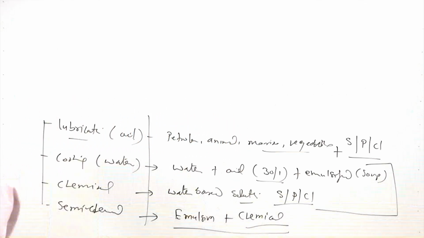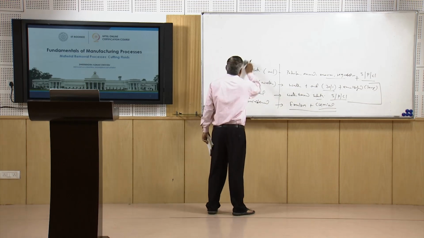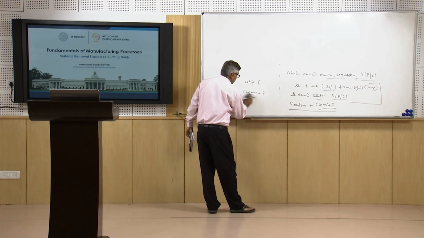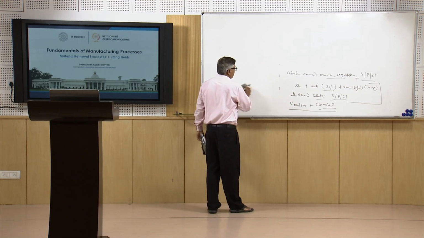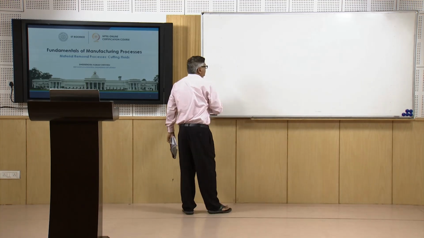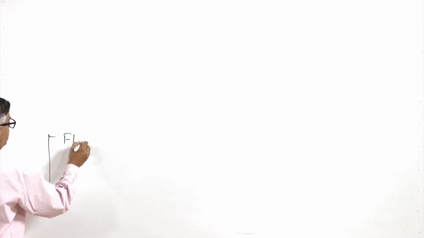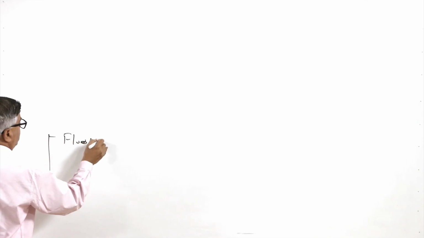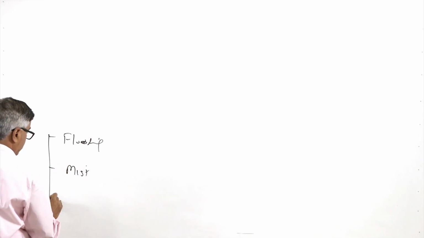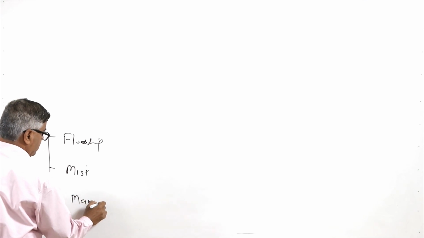These cutting fluids need to be applied during the machining in such a way that they can be applied effectively, so that the desired function can be achieved. There are three common methods for applying the cutting fluids. One is flooding, another is mist, and another is manual application.